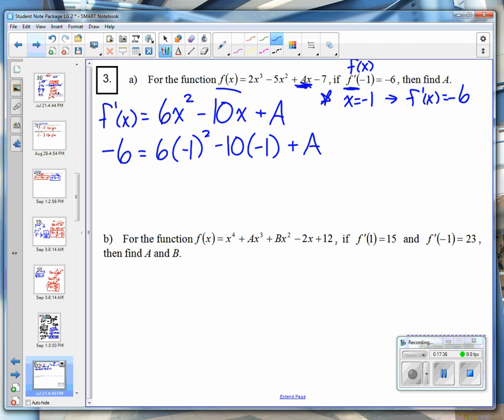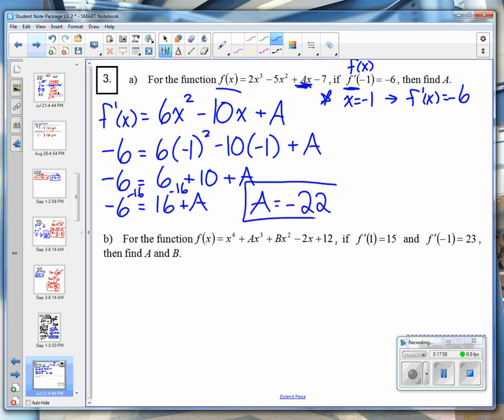All right, so now we want to simplify and then obviously just solve for a. So we've got negative 6 is equal to 6 plus 10 plus a. Negative 6 is equal to 16 plus a. So we want to minus 16 from both sides. And a is going to be equal to negative 22.